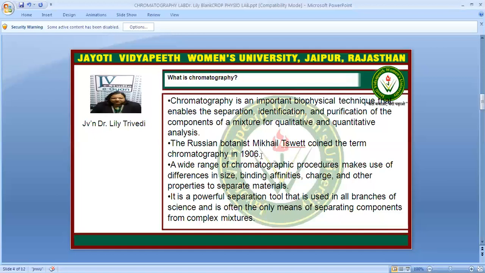The wide range of chromatographic procedures make use of the different size, binding affinities, charge, and other properties of separate materials. It is a very powerful tool for separation, used in different branches of science, and is often the only means for separating components from complex mixtures.